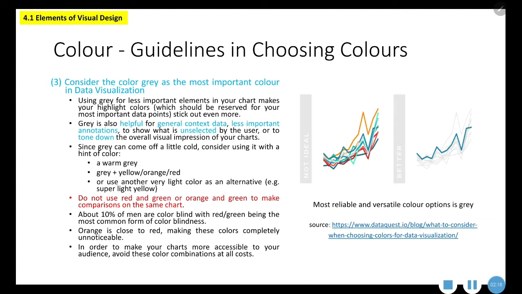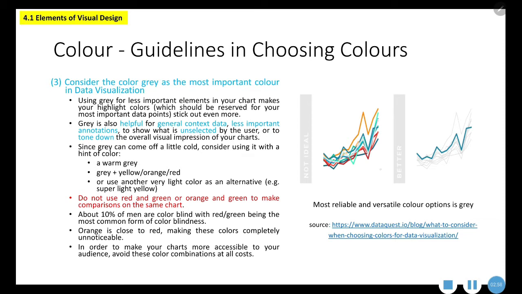The third one is to consider the color gray as the most important color in data visualization. Gray is suggested because it shows a less important element in your chart. But if you want to highlight certain elements or certain values, you could use a bright color to represent that particular information. Gray is also helpful for general context data, for less important annotations, to show what is unselected by the user, or to tone down the overall visual impression of your chart.